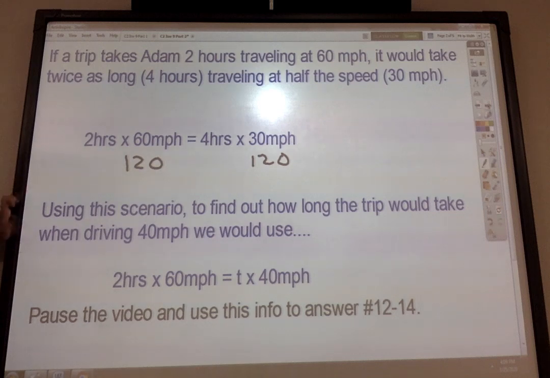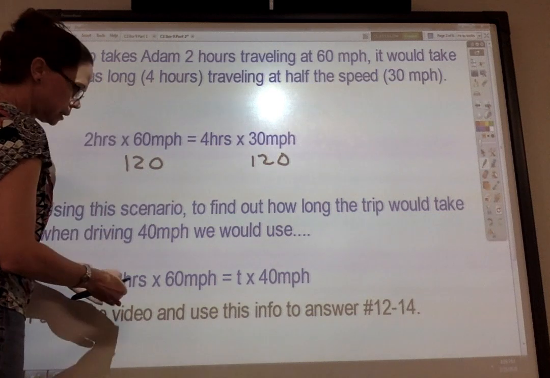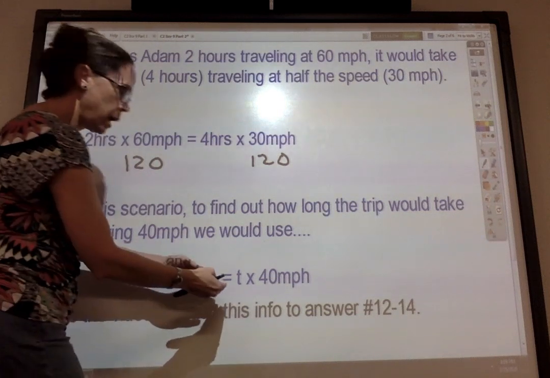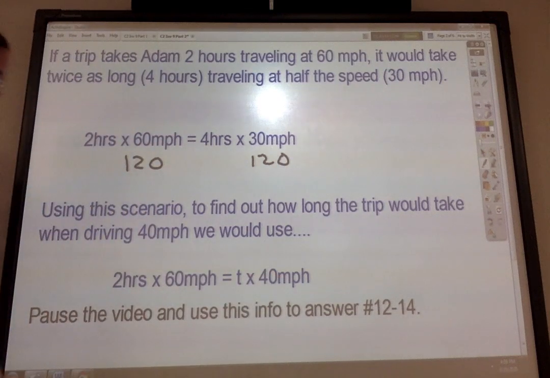Okay? Using this scenario, to find out how long the trip would take if we were driving 40 miles an hour, we would continue with knowing 2 hours at 60 miles an hour would be the same as some amount of time at 40 miles an hour. Okay?